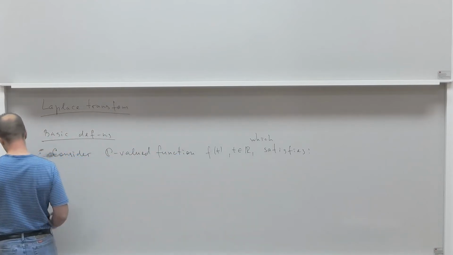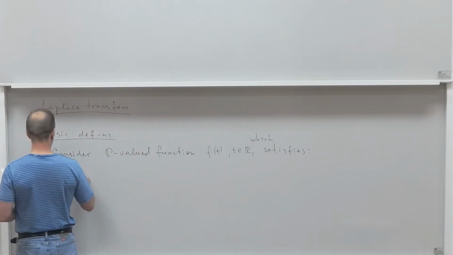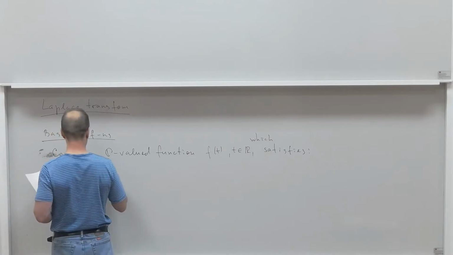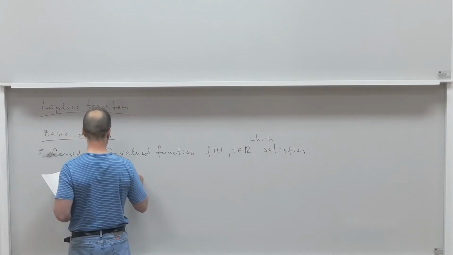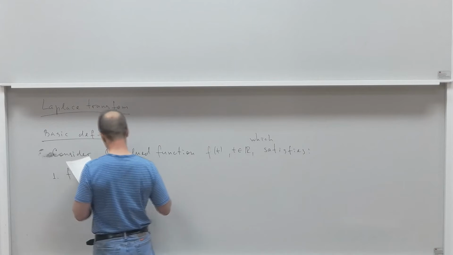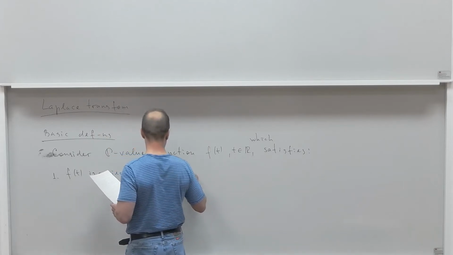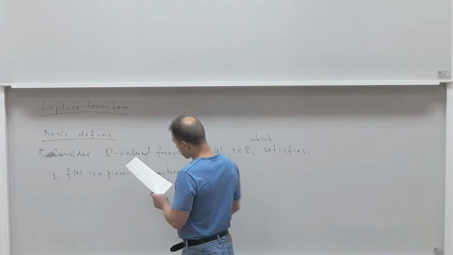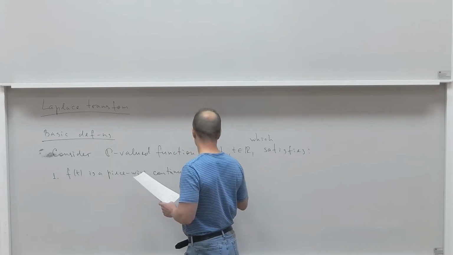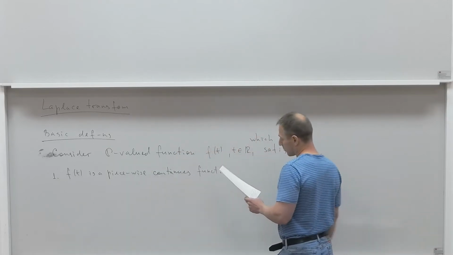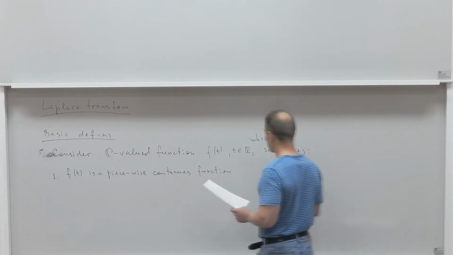The first one: f of t is a piecewise continuous function with possible discontinuities only of the first kind.